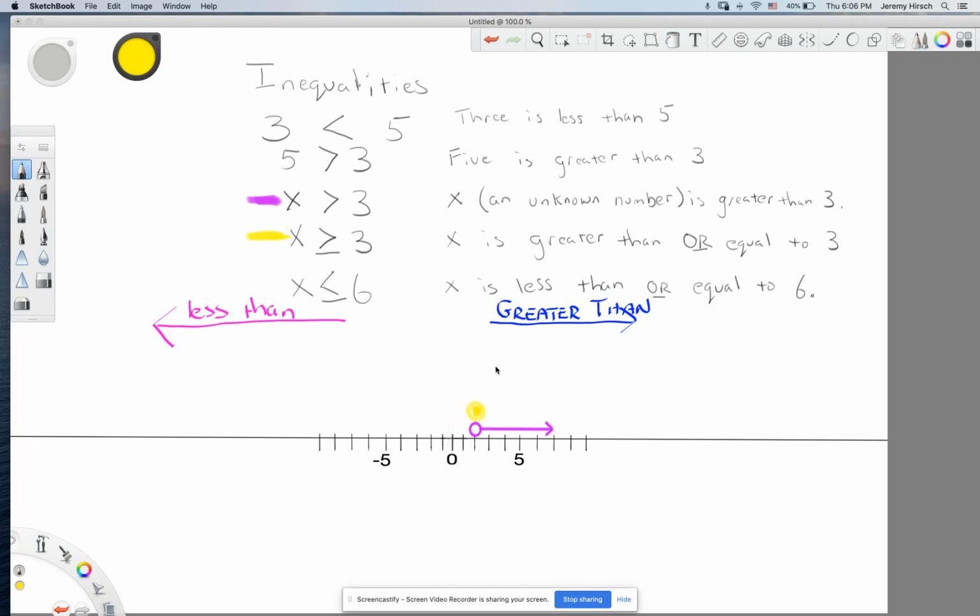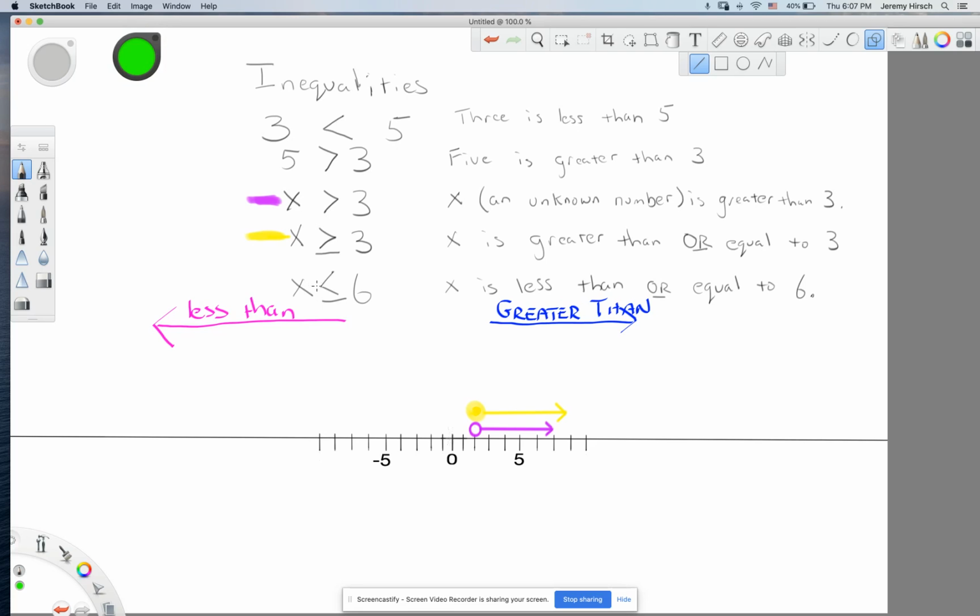And more or less, our circle is shaded in. And now we want to draw our arrow, right? This is still greater than or equal to, so our arrow is still going to go this way. Let's make it longer so we can see it. That is greater than or equal to 3.